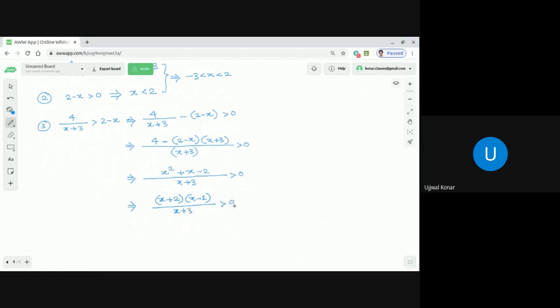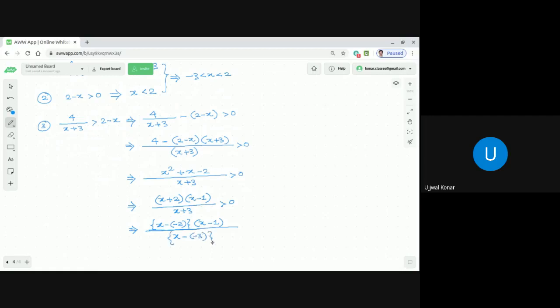Correct or not? Now you know the Wavy-Curve method, and we can use it to find the solution. So how do we find the solution using the Wavy-Curve method? It is greater than 0. So first we will write x minus of something, no? x minus of minus 2, then x minus 1, and then x minus of minus 3.